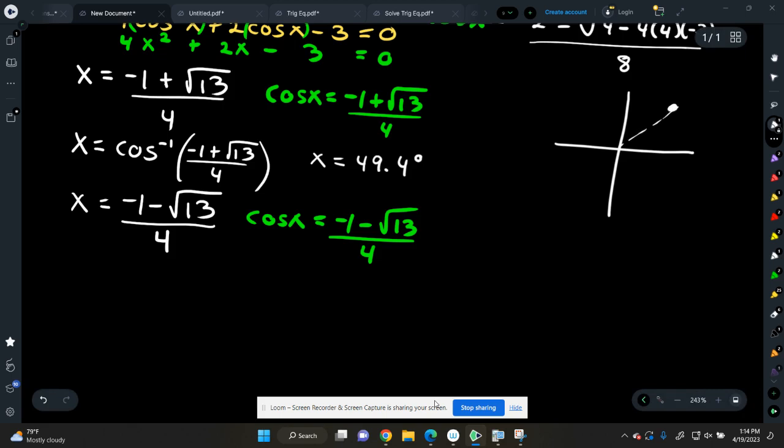Here's my reference angle, 49.4. What's my other angle going to be? Yes, it's going to be down here. So we're going to do 360 minus 49.4.